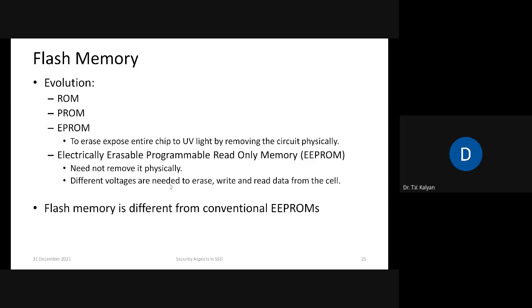And what we have, the current flash memory, is an evolution from the EEPROMs. And here, the granularity at which we can write to a flash memory is an entire block. We are going to see what a block is and the ramifications of such a granularity in our upcoming slides.